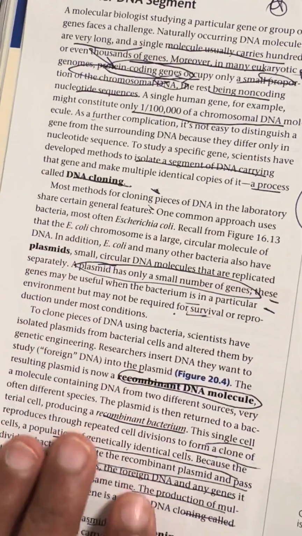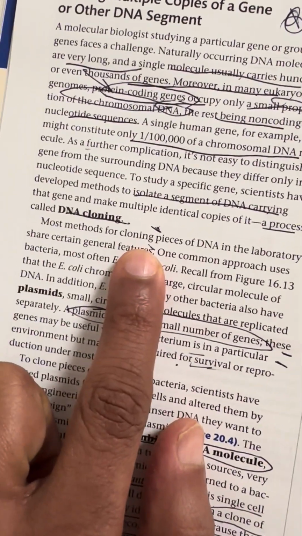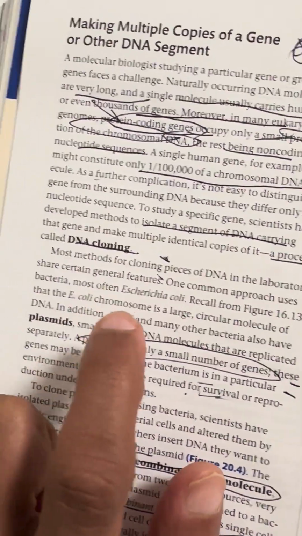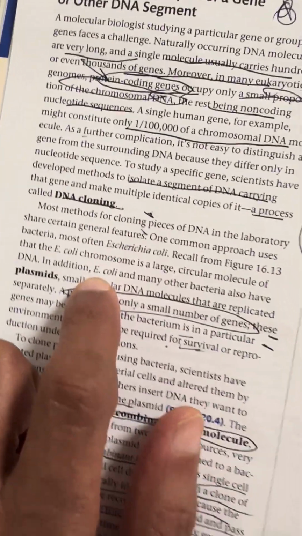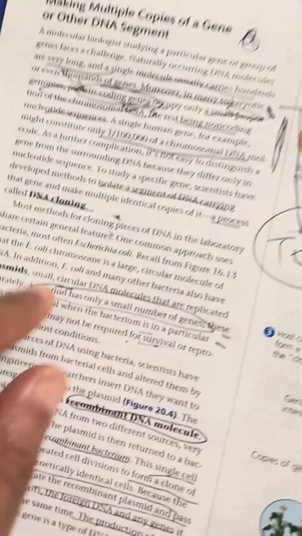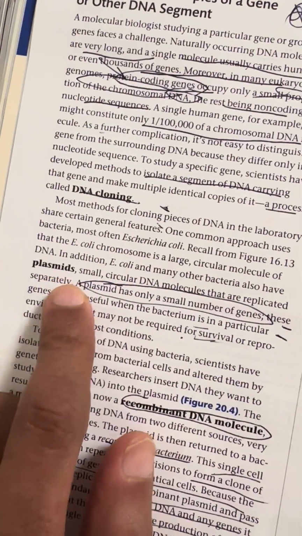Many methods for cloning DNA have now been produced. The way they use it now is mostly taking advantage of bacteria, which replicate fast, and so you can replicate the DNA very fast too, right? Because bacteria grow quickly.